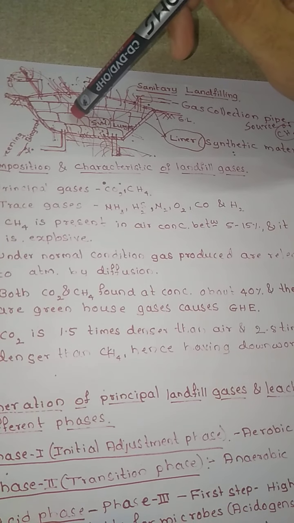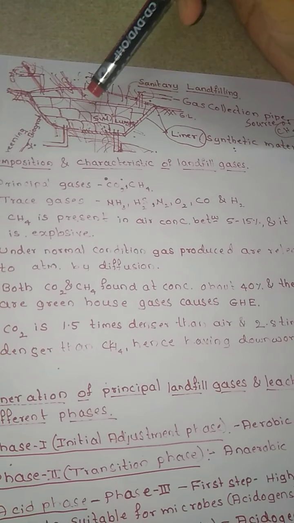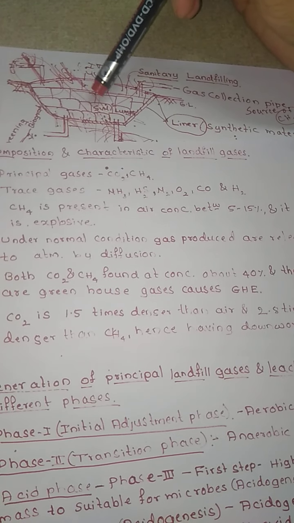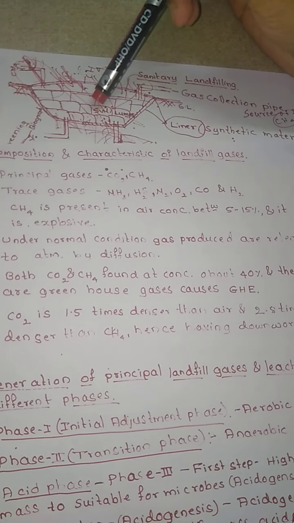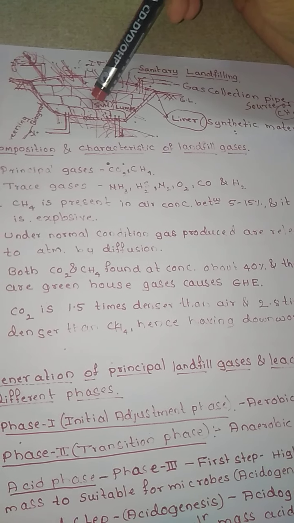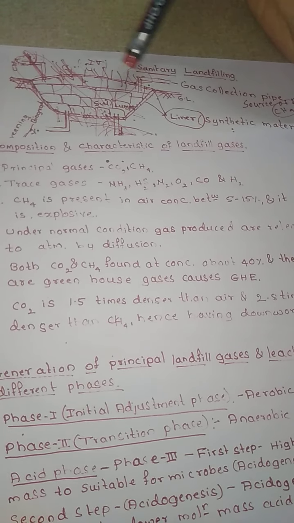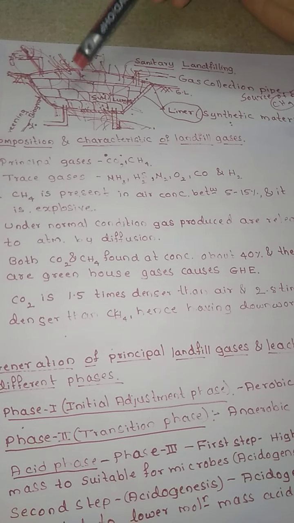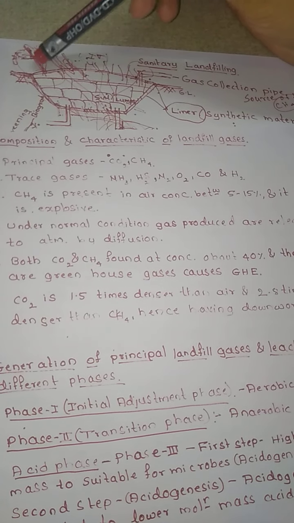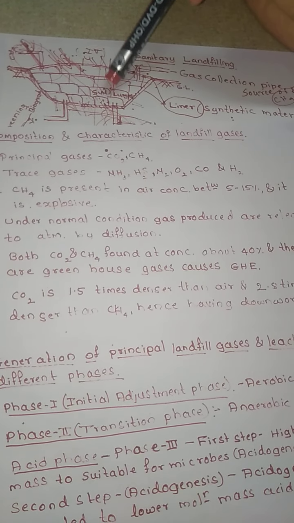Now in the initial adjustment phase, the microbes that are present along with the biodegradable waste material will try to decompose the waste material for their survival under the aerobic condition. Slowly, whatever the initial oxygen content is, say around 80 or 60 or 70%, as time passes the oxygen content goes on reducing.